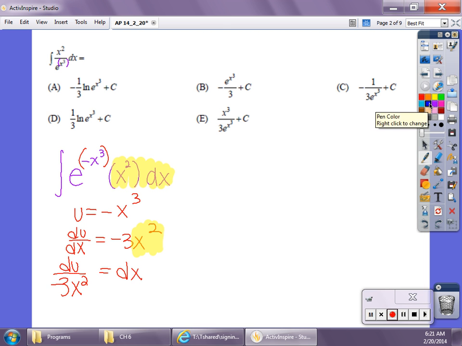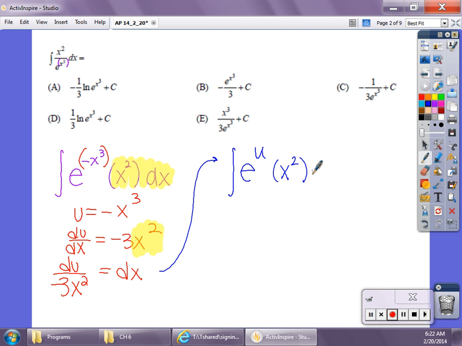Now we get the integral of e to the u times x squared, but dx is going to change to du divided by negative 3x squared. So the x squareds will cancel. The negative 3 I'm going to pull in front of the integral, and then e to the u du.